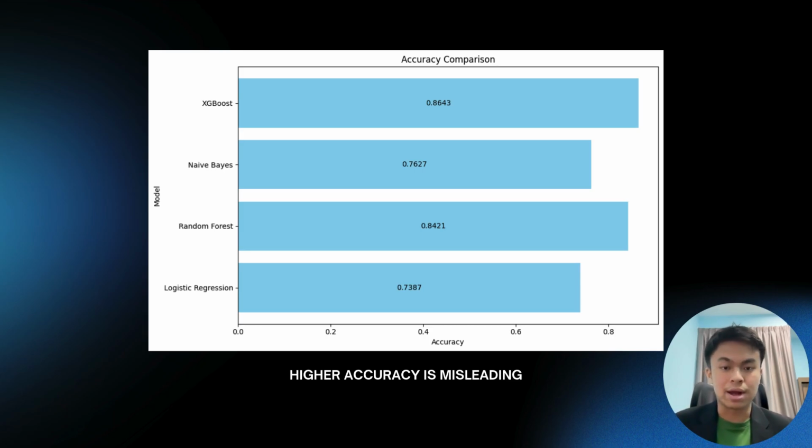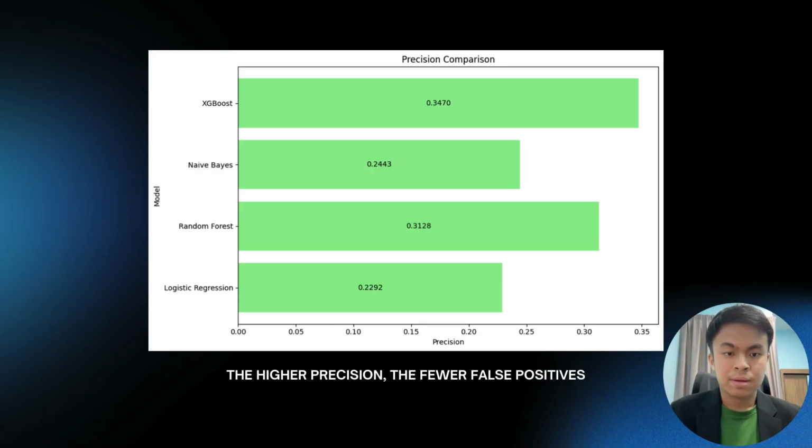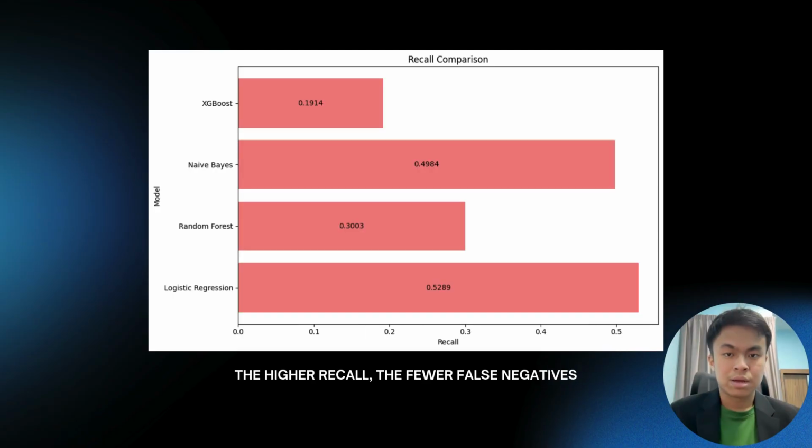Now we're going to see other metrics. These are the results of the precision. XGBoost has the highest, followed by random forest and Naive Bayes, and the last is logistic regression. For the recall results, XGBoost has the lowest compared to others, and logistic regression has the highest recall.